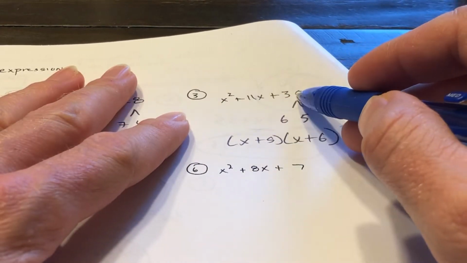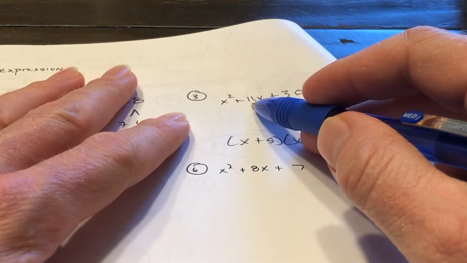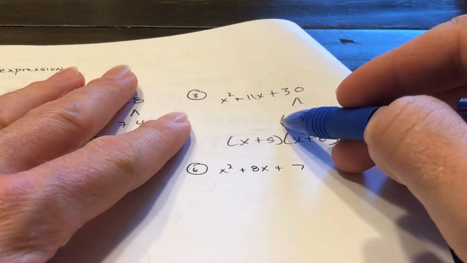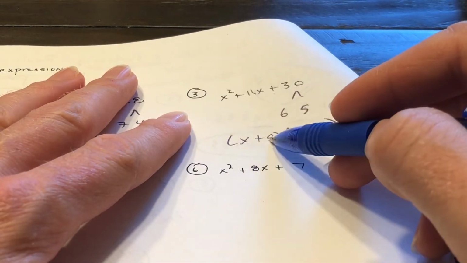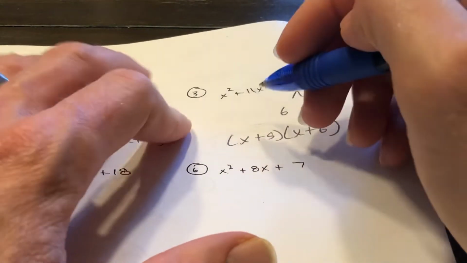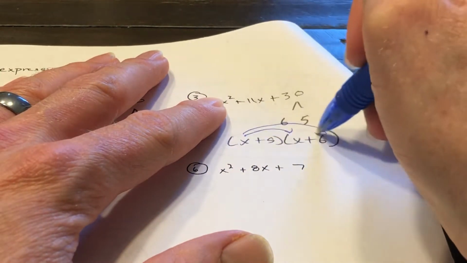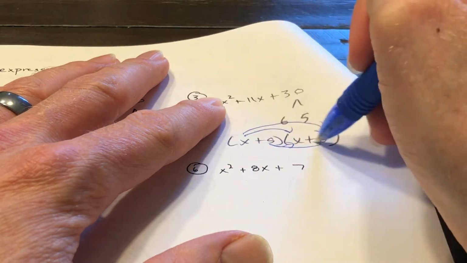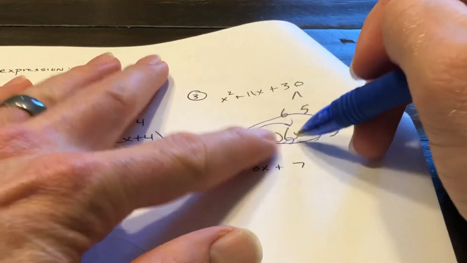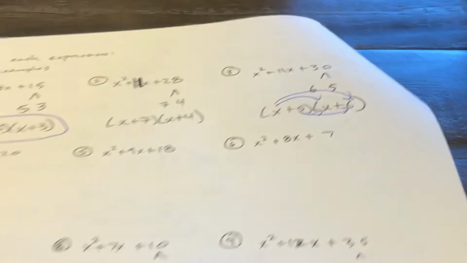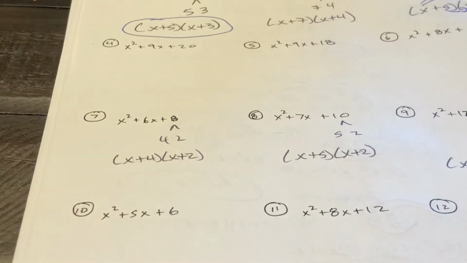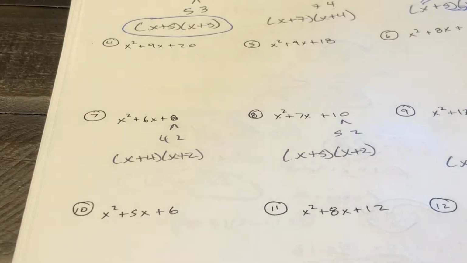What multiplies to 30 and adds to 11? What two numbers do that? 6 and 5. Again, the order doesn't matter. That's why I switched it here: x plus 5 times x plus 6. If you wanted to FOIL it: x squared plus 6x plus 5x plus 30. 6x and 5x give you 11x. Now, we can come back and finish this one together.